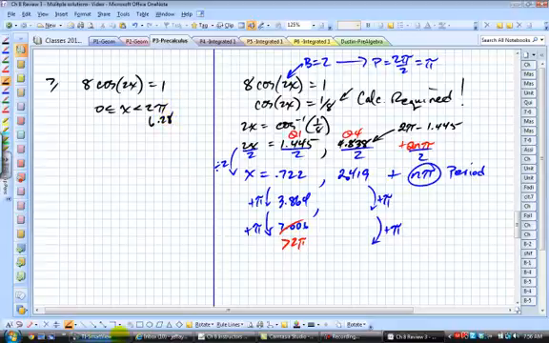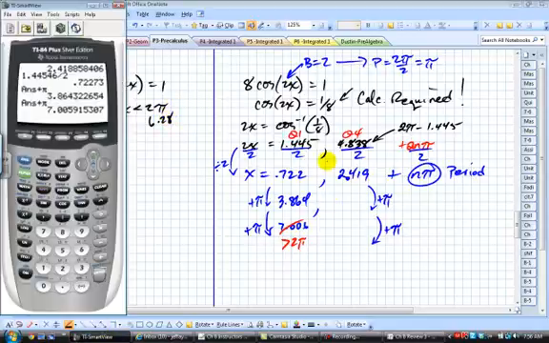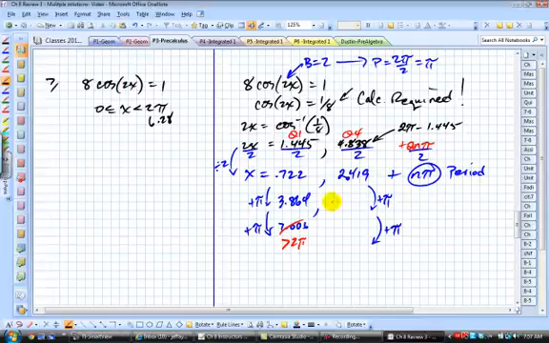And then the next one here, I need the 2.419, that's the one up top, 2.418858. I have to add pi to it. I took a lot of digits to be more accurate, and then add pi to it again. My next solution here is 5.560.